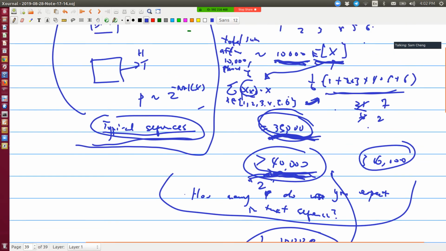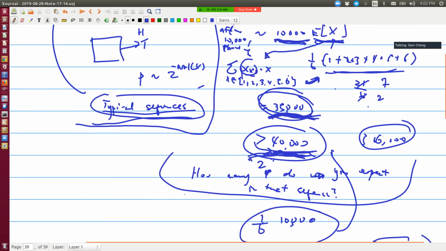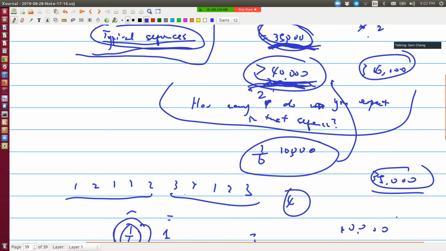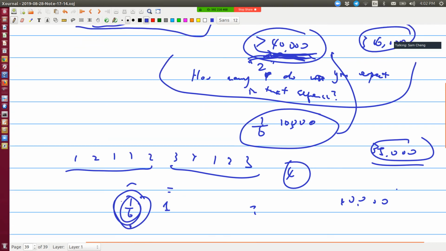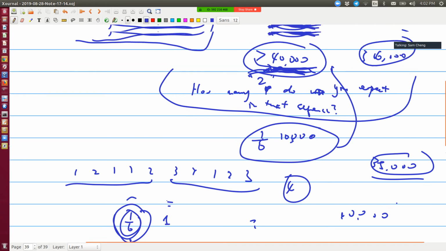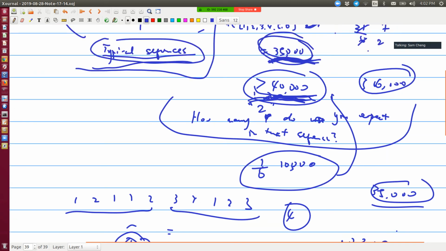But everything is probabilistic, right? There's still a chance, as you go through the homework. Although it's very small, you can get something that's not typical, right? Yeah. And there's a chance that you will get a sequence that is actually not typical, where we don't have 1/6 of 1, 1/6 of 2. So there's a chance that you're actually able to get a sequence with a sum of more than 40,000.